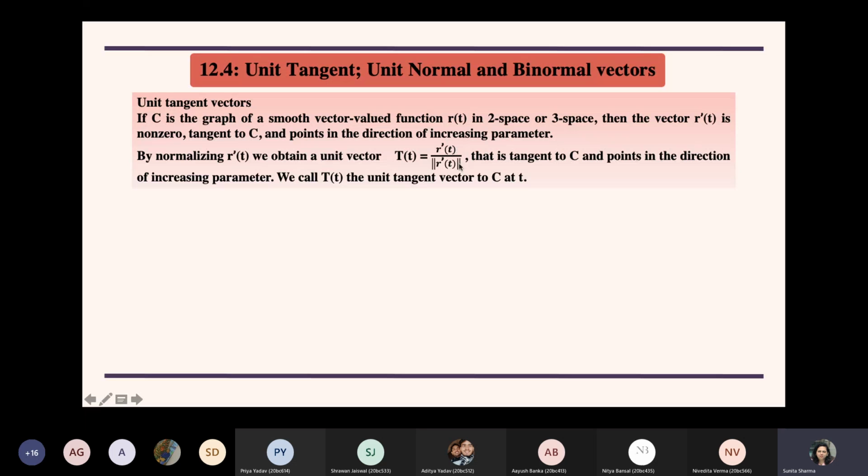Whatever values you get of r dash and norm of r dash for t equals 0, you will just substitute them here and the ratio will give you the unit tangent vector. So this is nothing new. You just have to divide the tangent vector by its norm.